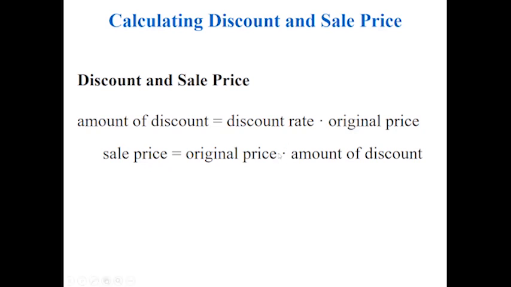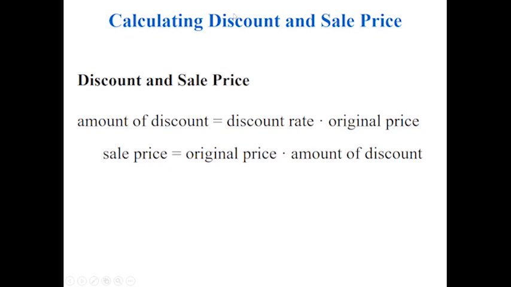And this is another typo. Don't copy this with a multiplication. This is subtraction. Sale price is the original price minus, not times, minus the amount of the discount.